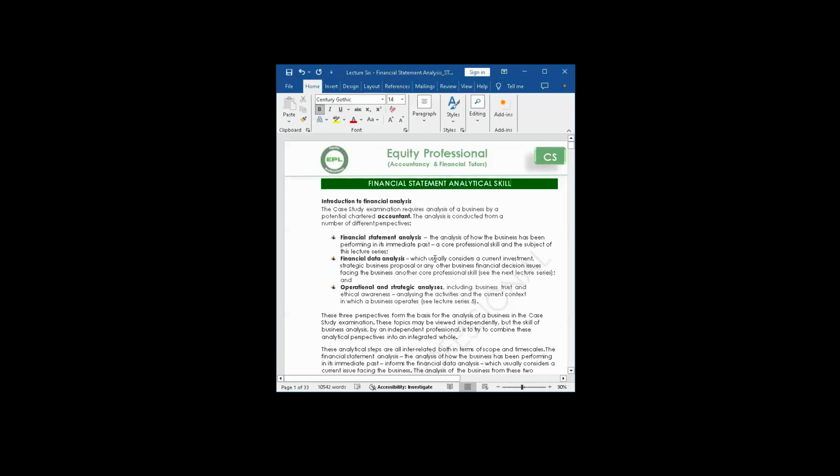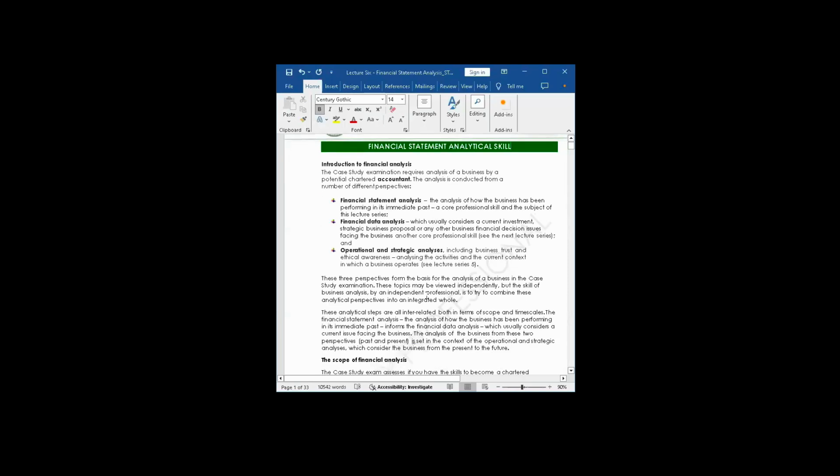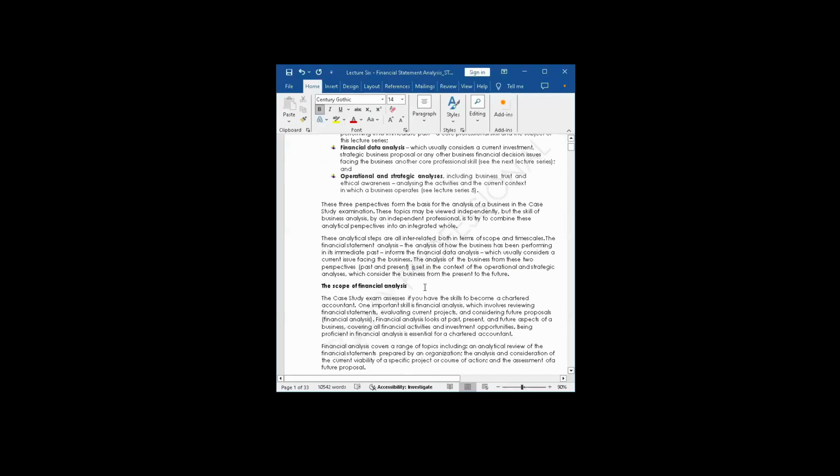It's basically analysis on financial data, and financial data could range from the data you can find on the financial statement on one hand. What are those statements? We have the income statement.